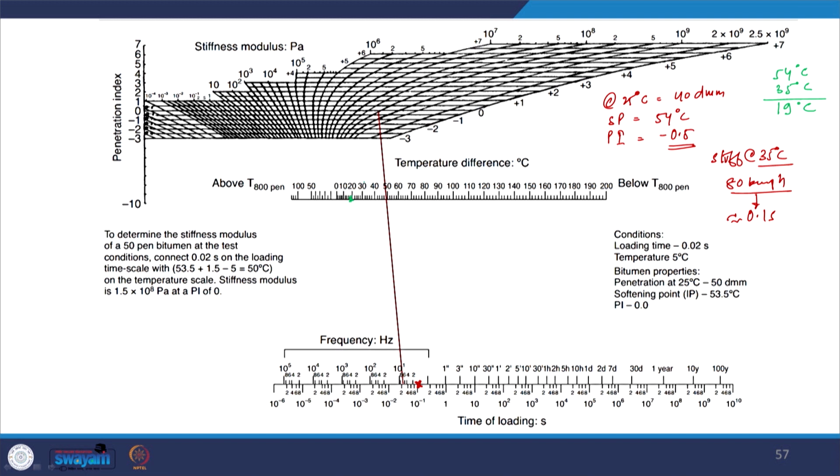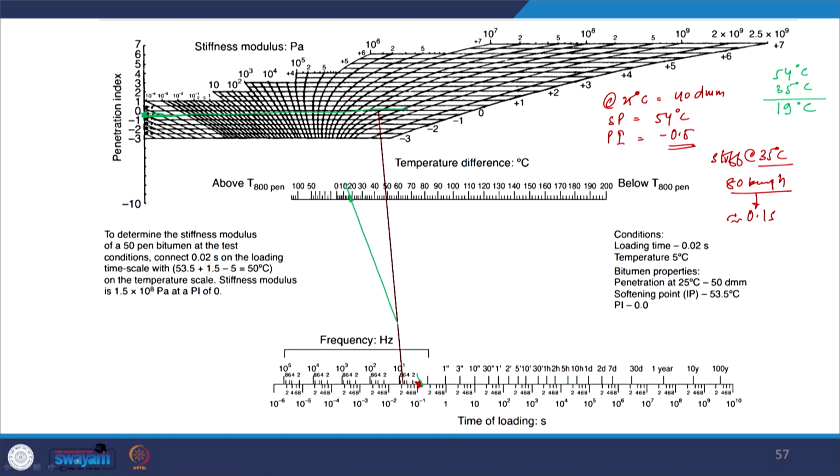Alright. And now the penetration index is minus 0.5 as we calculated, which is somewhere here. So, I will draw a straight line first from minus 0.5, something like this. Then I will join these 2 points and extend this line to intersect the penetration index line which I have just drawn.